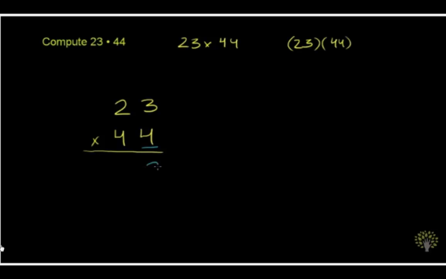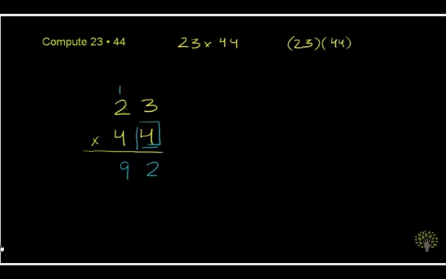We can write 2 in the ones place, but then we want to regroup that 1 in the tens place. Now you have 4 times 2 is 8, plus 1 is 9. So this 4 right here times 23 is 92. That's what we just solved for.